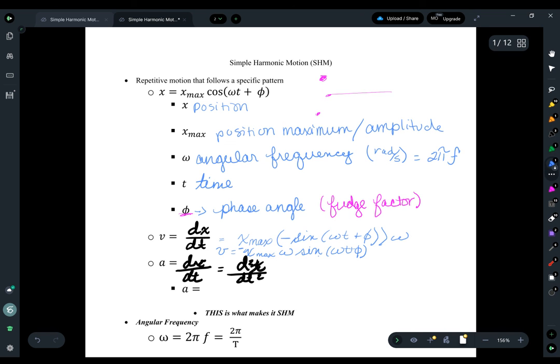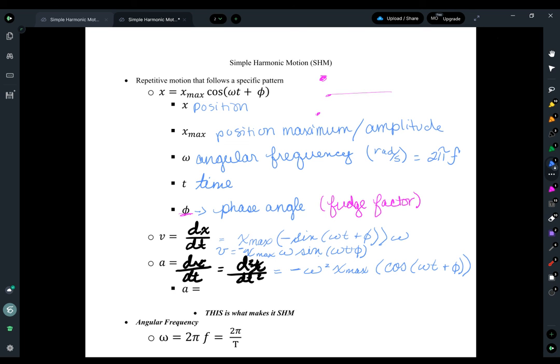So for our purposes, that means that what we would end up with is a negative omega squared x max times the cosine of our original function of omega t plus the phase angle.